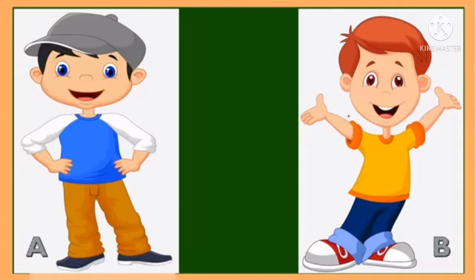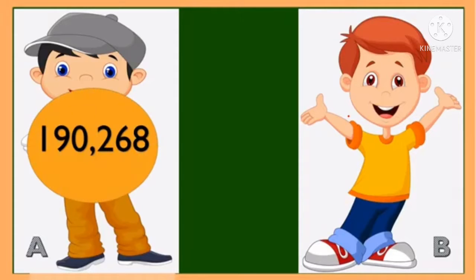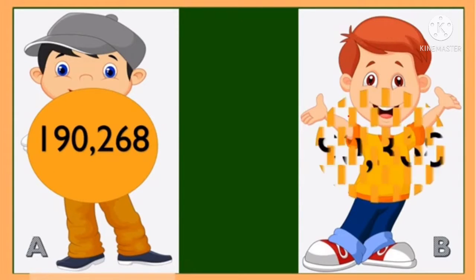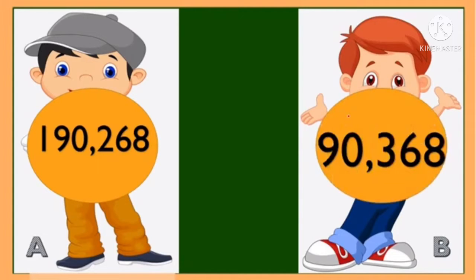If we have boy A and boy B here, and each of them has numbers, let us try to compare these two numbers. What are the words or phrases again that we use to compare numbers? We have three words, right?